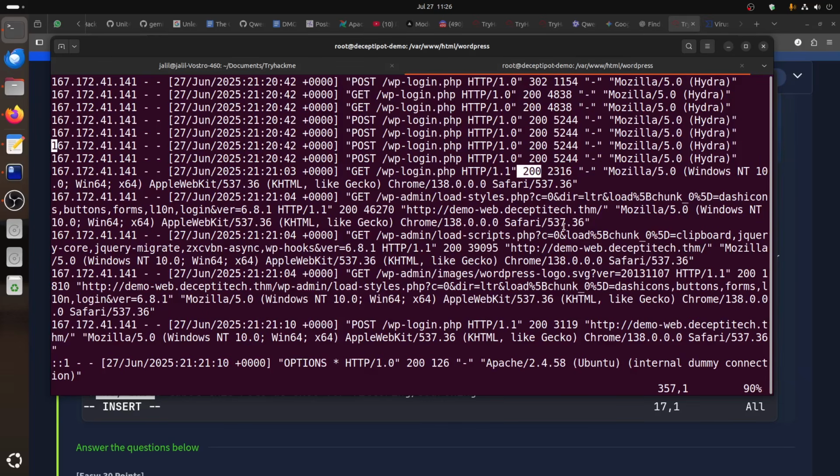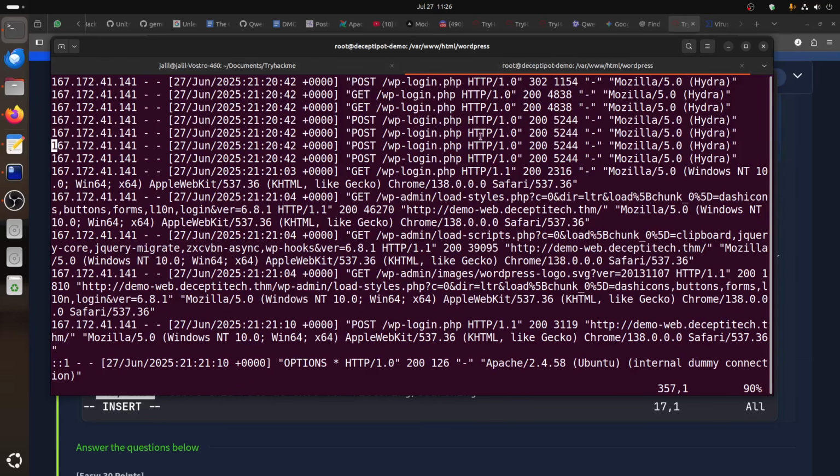Huh, strange. So this is the line that got a 200 reply. This should be 300 somewhere. I can't see, guys, my eyes are flipping.